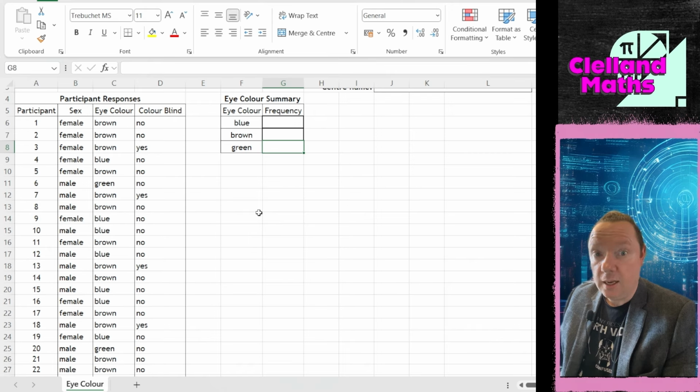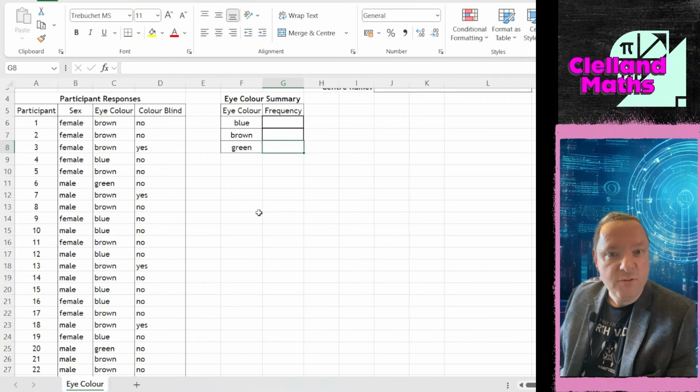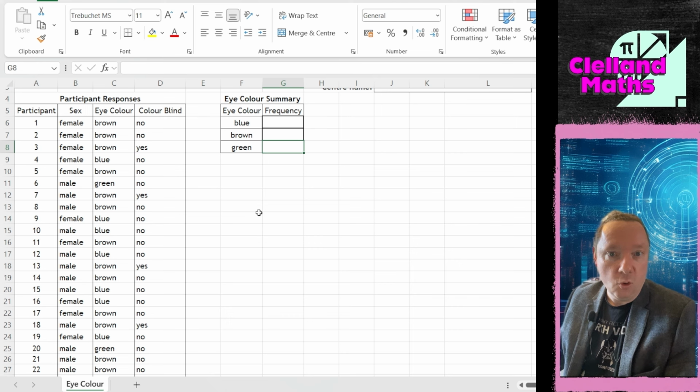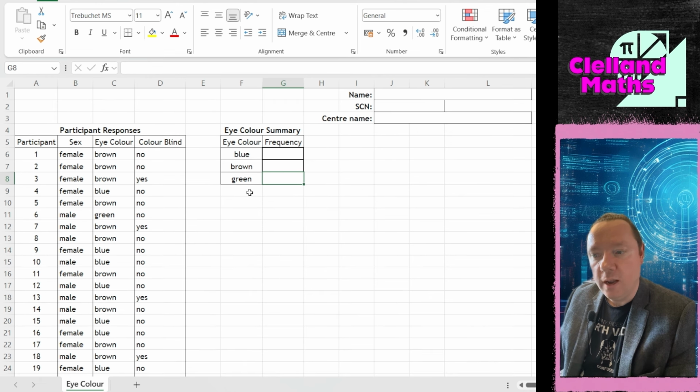Now, I've had a lot of mentions about this question already. A lot of people say, do we use the COUNTIF function? And you can. If you know how to do that, you should have hopefully had some training during the course on various basic Excel functions. It's unclear at this stage whether you're getting a mark for using a formula, because it just says complete the eye colour summary table.